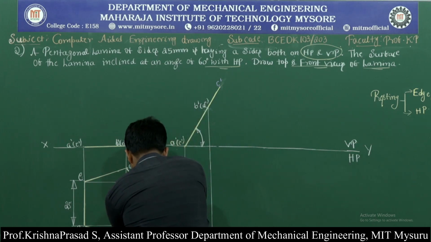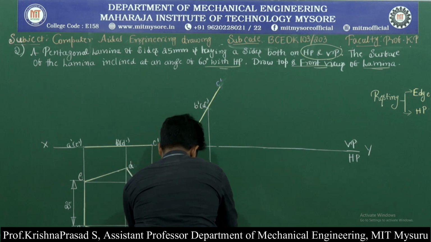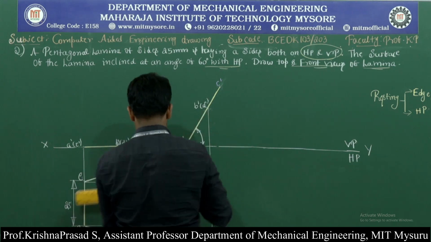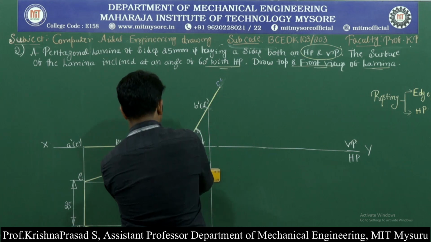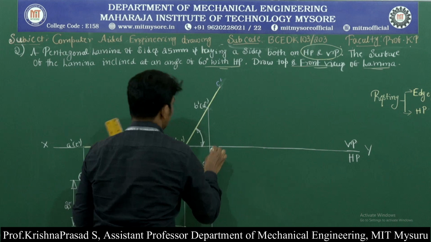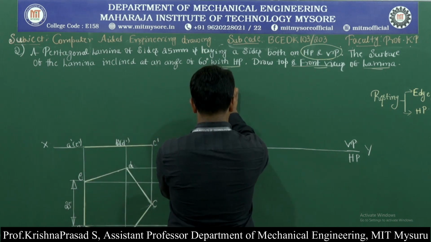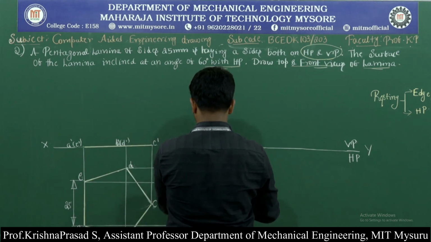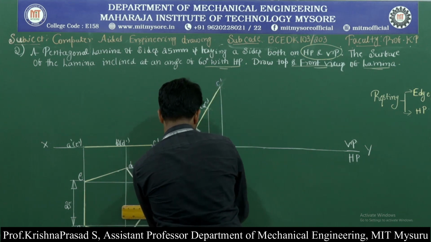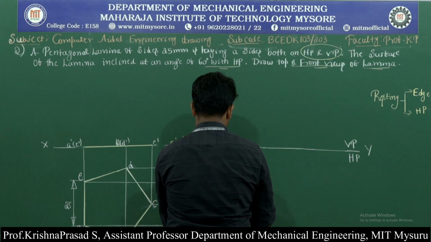And this is B. And this one is called D. And this is D. Projecting from the D dash also, it will get D. And this is C dash. And meeting at a point C.